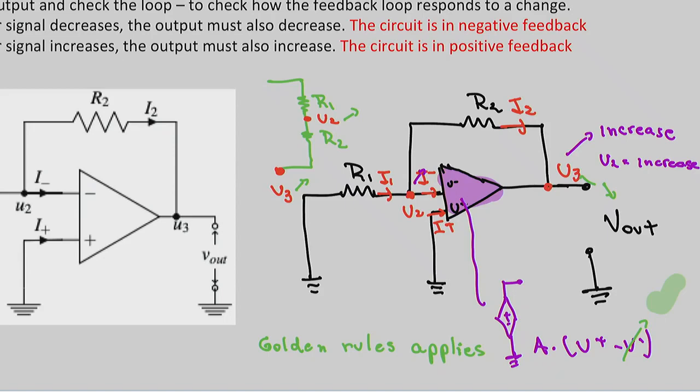Okay, so let's go step by step. Do you agree that if you ignore the amplifier here, you have a voltage divider? Do you agree that U3 is here? Do you agree that U2 is here? In the voltage divider, what's the equation?